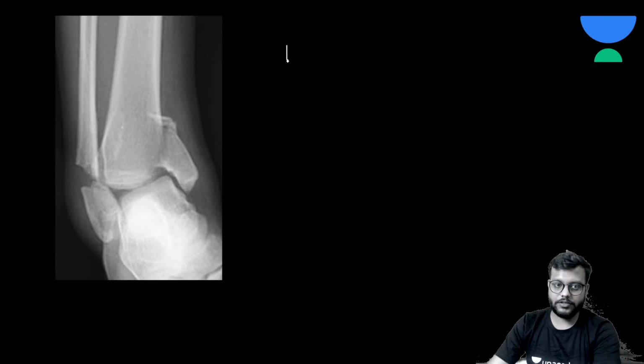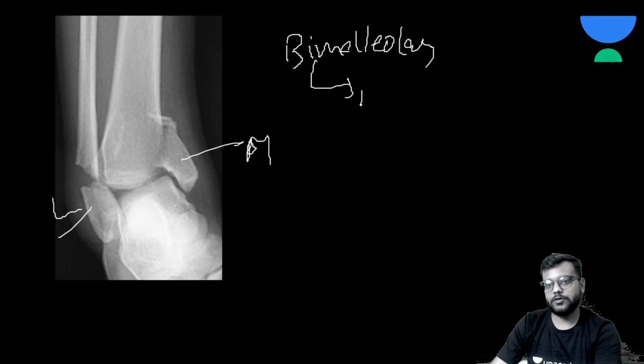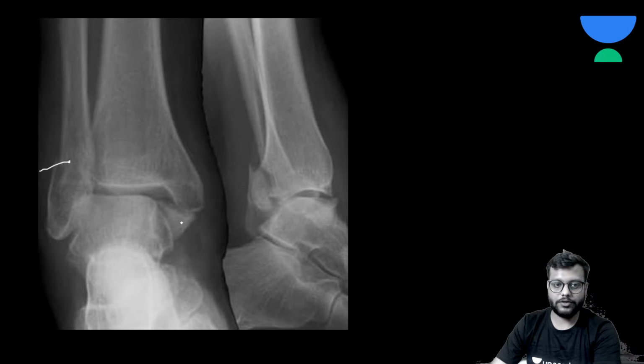Okay, this is bimalleolar fracture of ankle. See, medial and lateral malleoli, two are fractured. This is called as Pott's ankle, and here you can see 1, 2 malleoli, and this is the posterior third malleolus.